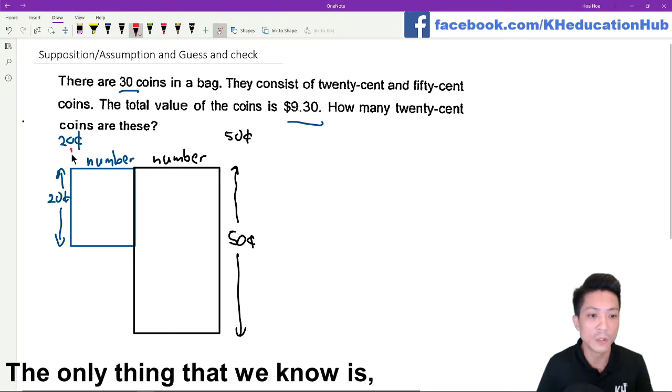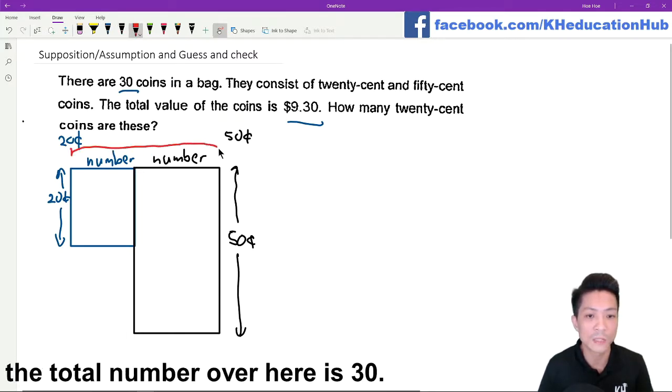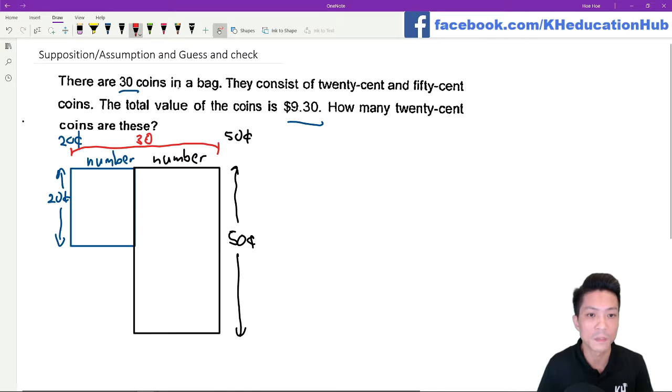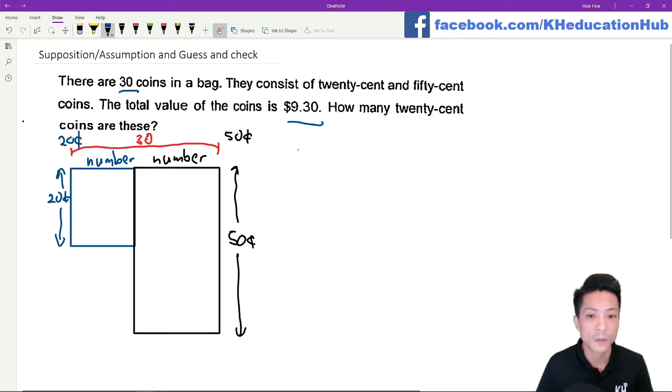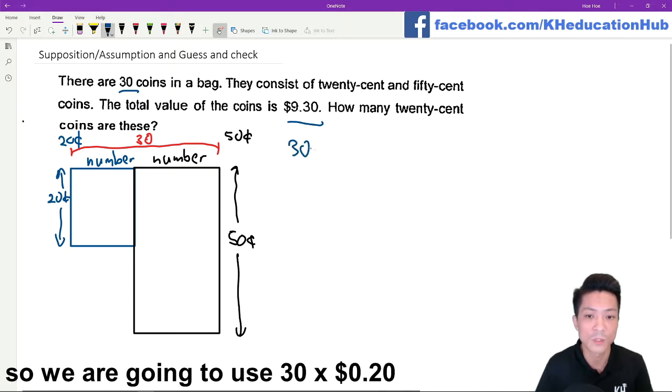The only thing that we know is the total number over here is 30. So the first thing that we're gonna do is we're gonna assume that all of them are 20-cent coins. So we're gonna use 30 multiplied by 20 cent.